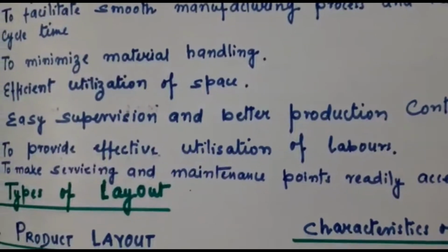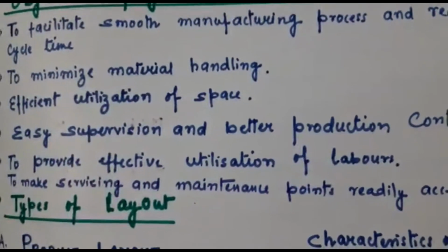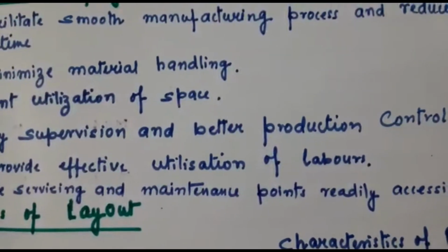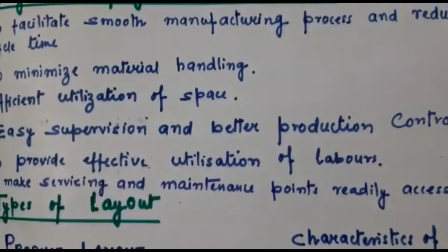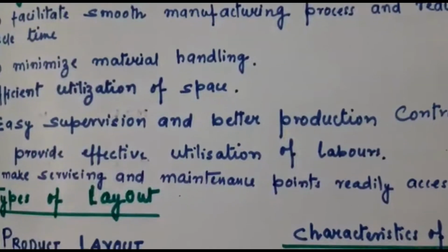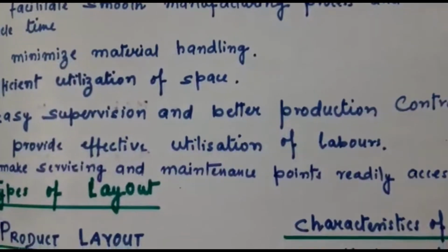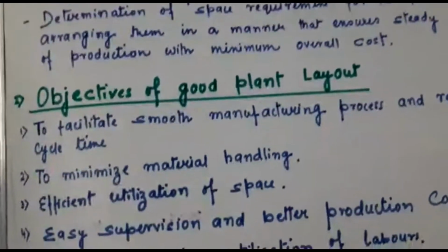Another important objective of plant layout is to make the servicing and maintenance points readily accessible so that the machines can be taken for maintenance readily and maintenance job can be done easily. So these are basically the objectives of plant layout.